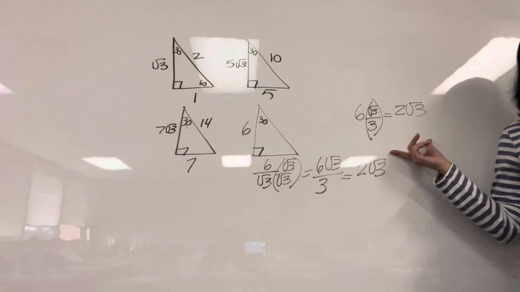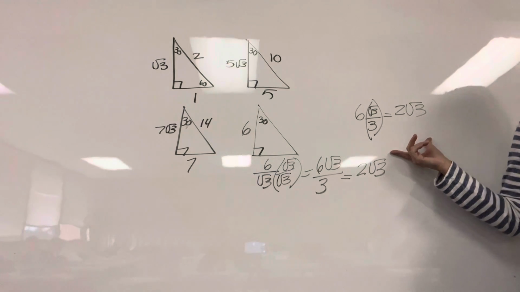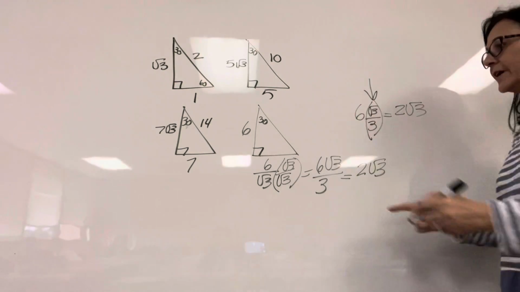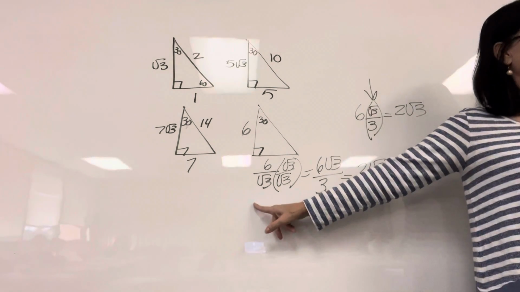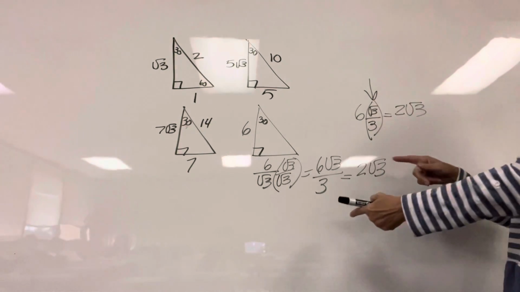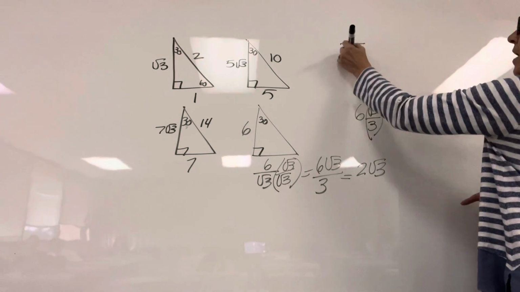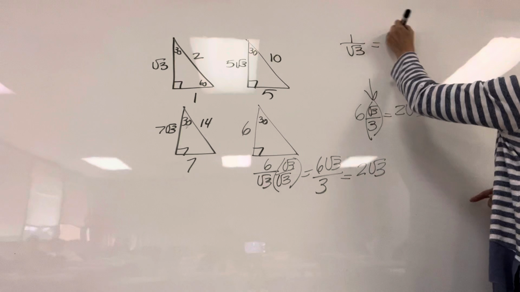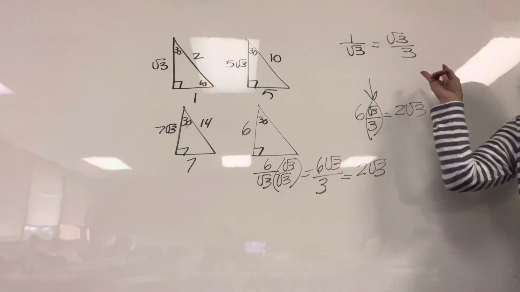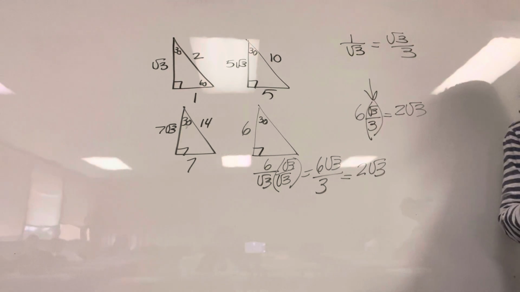Yes, it is. So to get from 60 to 30, what do I do? You can know that you're dividing by square root of 3, right? Dividing by square root of 3, so 1 over square root of 3 is the same thing as the square root of 3 over 3. Do that in your calculator, see if that's really equivalent.